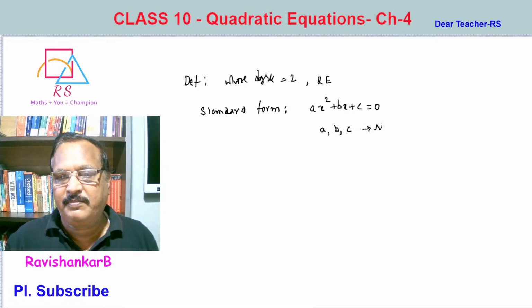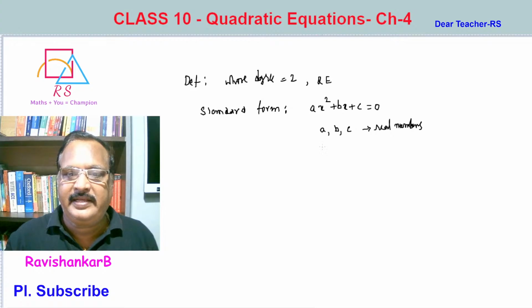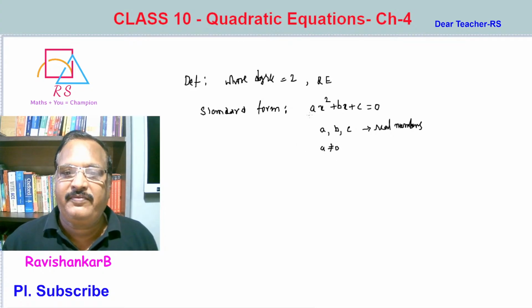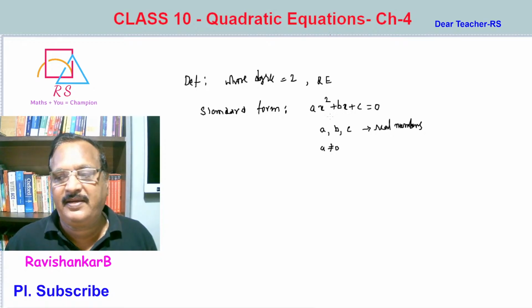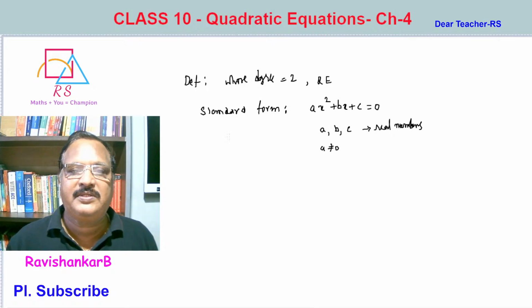They are real numbers. You can have any value, and a is not equal to 0. So if a is equal to 0, the x square term will become 0. Then you will get only a linear equation. So if you want a quadratic equation, the x square term should be there. That is why this a should not be equal to 0.